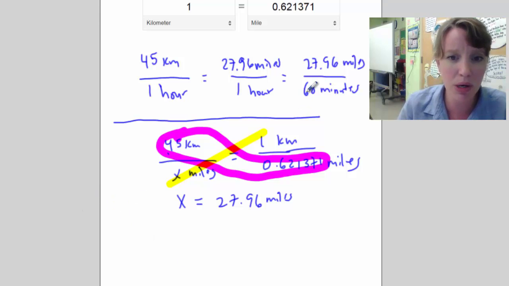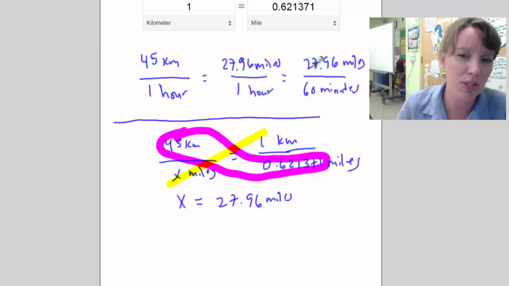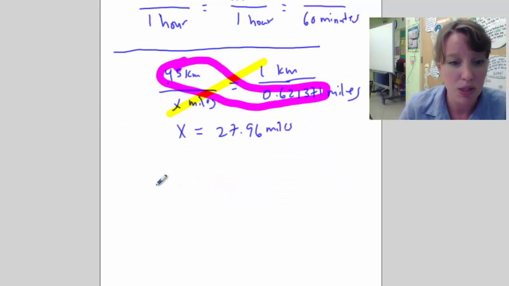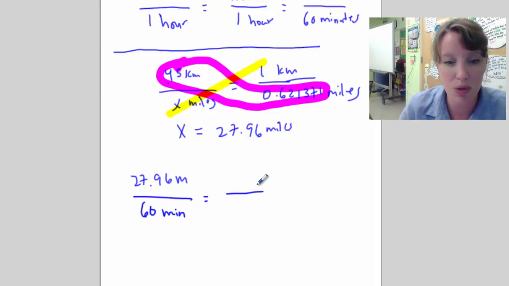Okay, so now what I want to do is create a proportion: if it's 27.96 miles in 60 minutes, how many miles are you going in one minute? So we're going to go 27.96 miles in 60 minutes is equal to X amount of miles in 1 minute, because that's what I'm looking for, right?